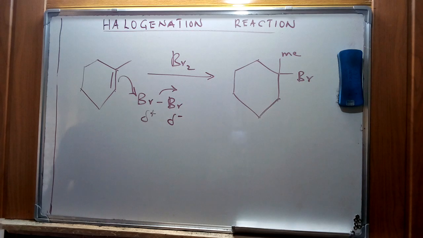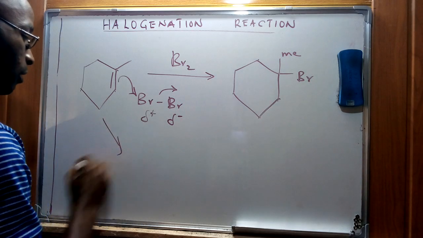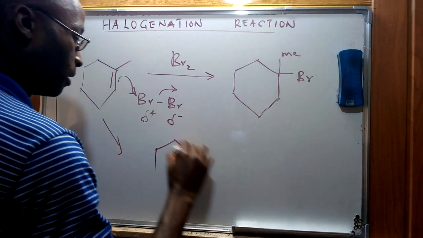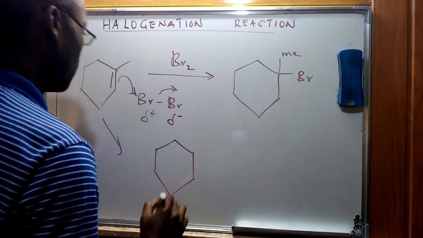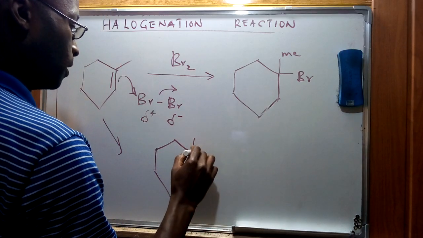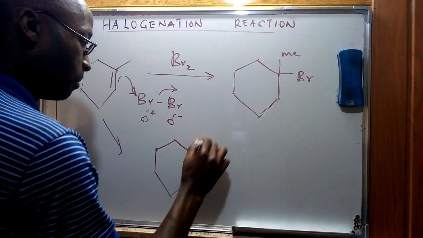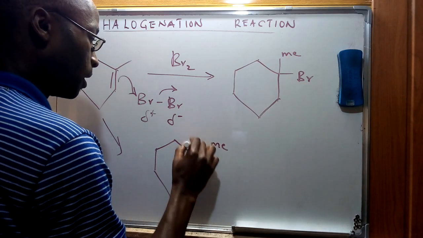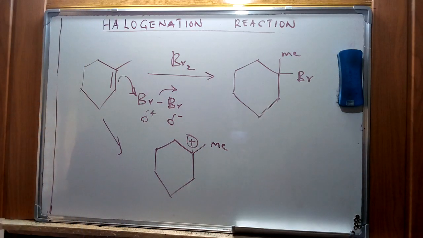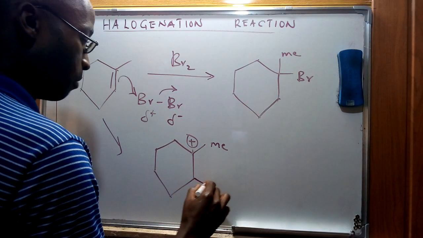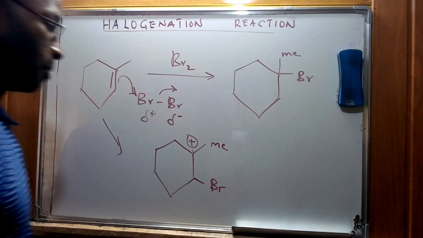So this will form an intermediate carbocation, which I've referred to as a third degree carbocation that is going to have this specific charge at that particular point. So this is going to be a methyl group, and this is a carbocation which has been formed, and therefore the bromide group will be attached at that specific point.